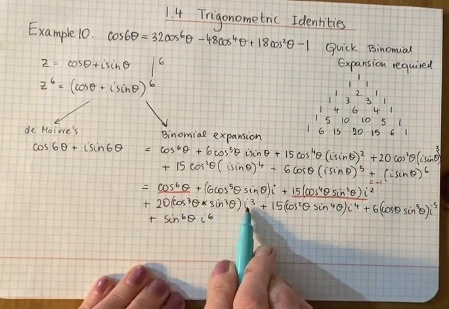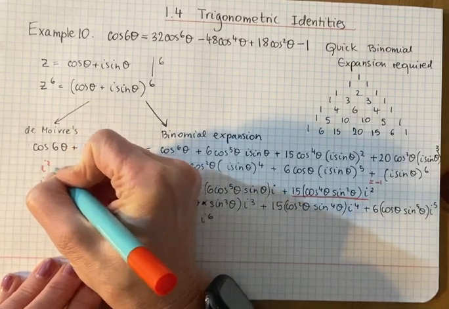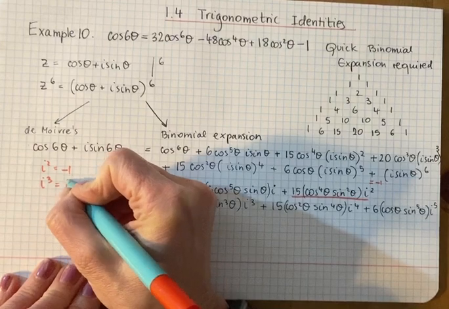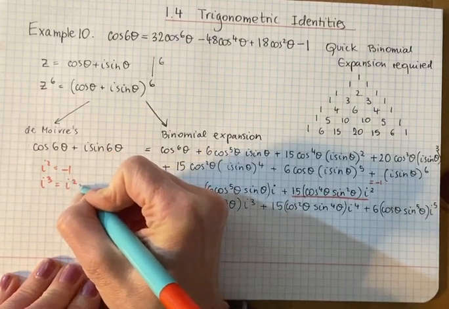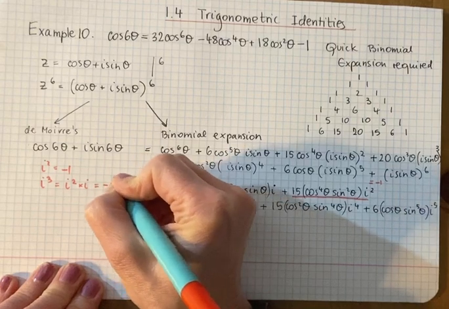This one, I'll put it on here, i cubed, so i squared is -1. i cubed is made out of i squared times i, so it's -1 times i, so that's minus i.